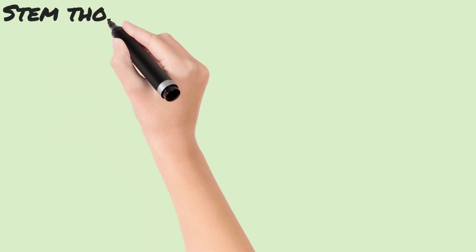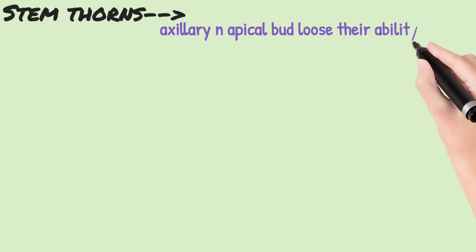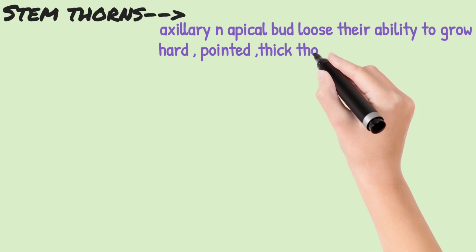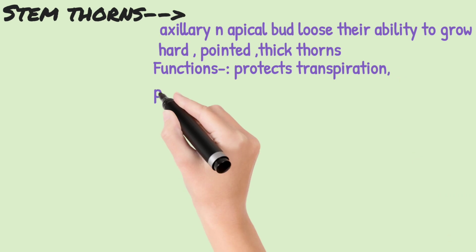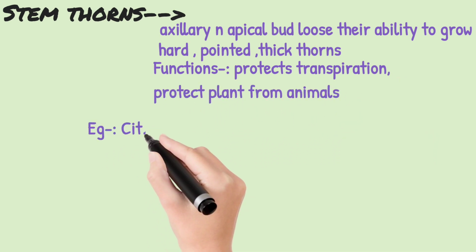Stem thorns are axillary and apical buds, which lose their ability to grow and become thick, hard, pointed structures, that is thorn. Thorns protect the plant from grazing animals and prevent transpiration.